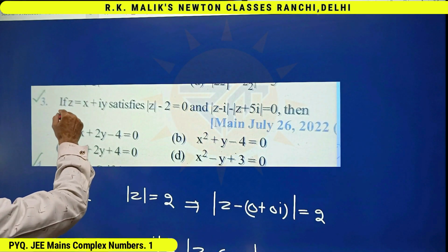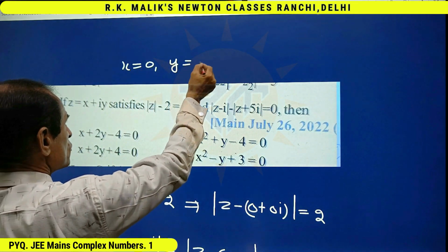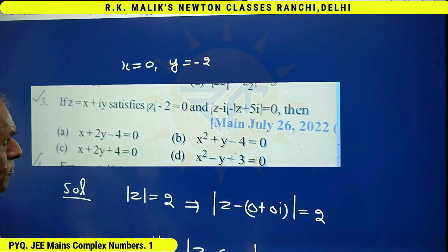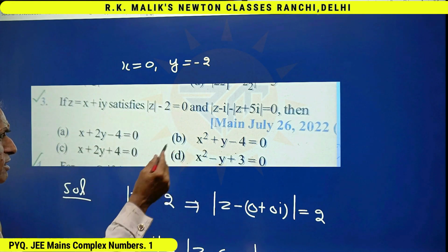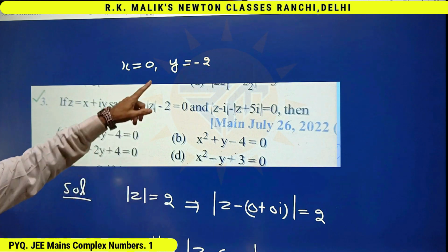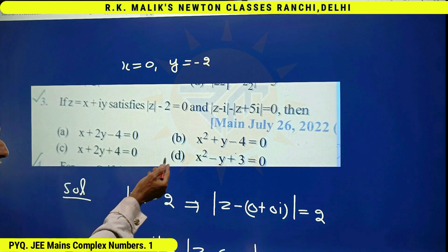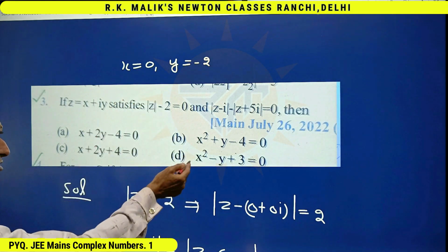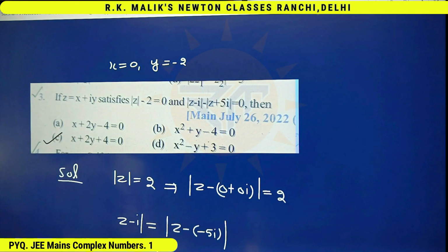Now z equal to minus 2 iota means x equal to 0 and y equal to minus 2. Let us see which condition this value of x and y satisfies. Clearly this doesn't satisfy this, doesn't satisfy this also, this satisfies this. Hence, C becomes the correct choice. Otherwise, D also can be checked very easily. It doesn't satisfy D also. Hence, I can say C is the correct choice.